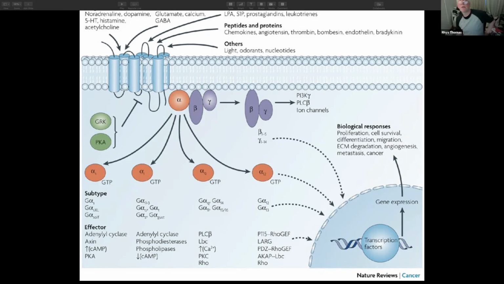Yep, that's pretty close. Probably the key thing to remember is that when it's together as the alpha, beta, gamma subunits, it has GDP. I'm trying to think now. Yes, I think it's GDP that is in the alpha subunit at that point.